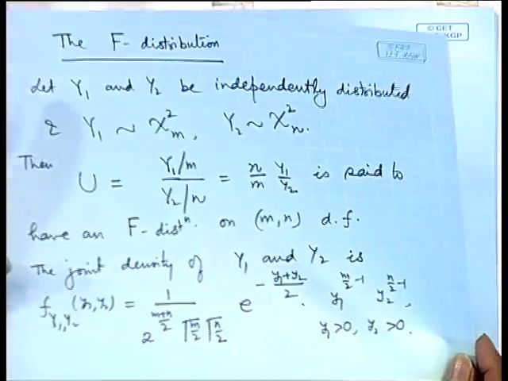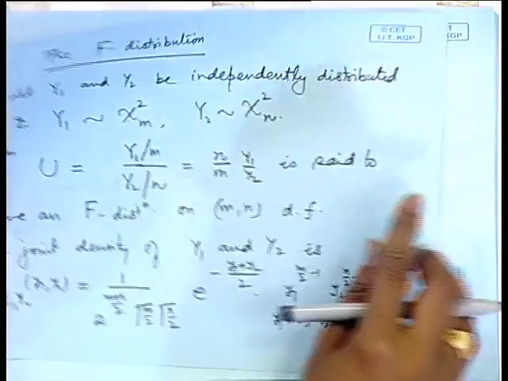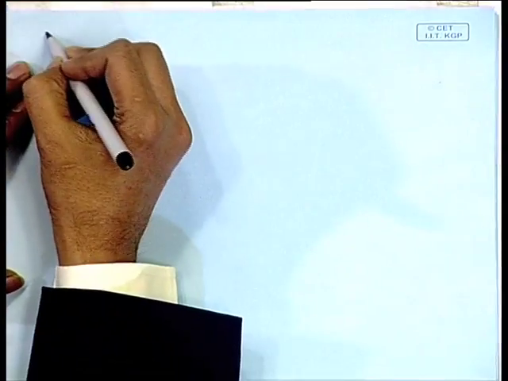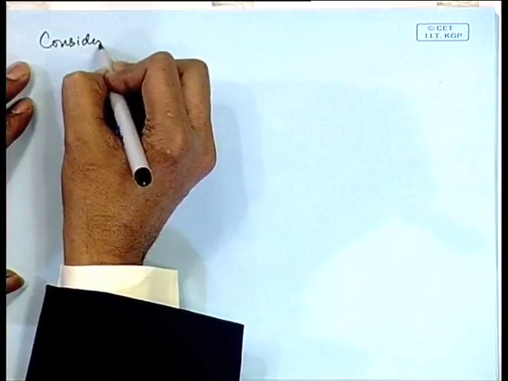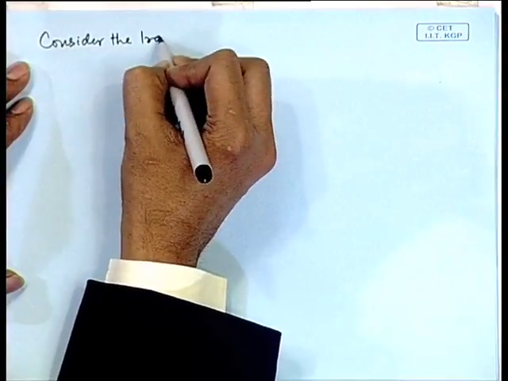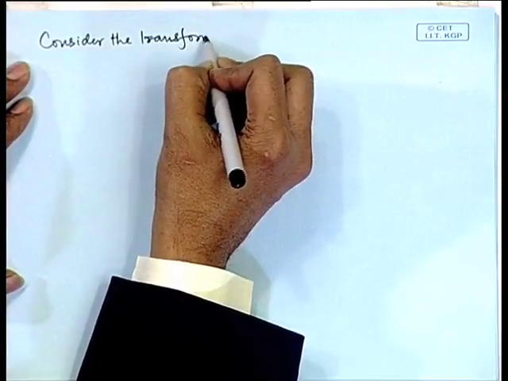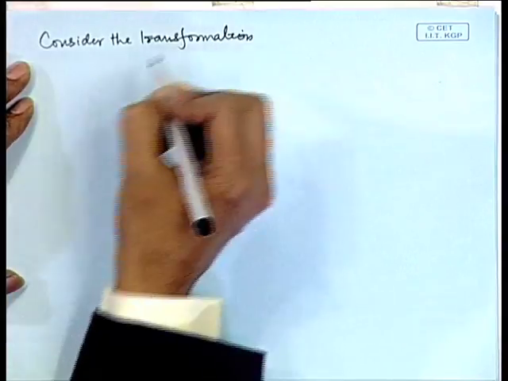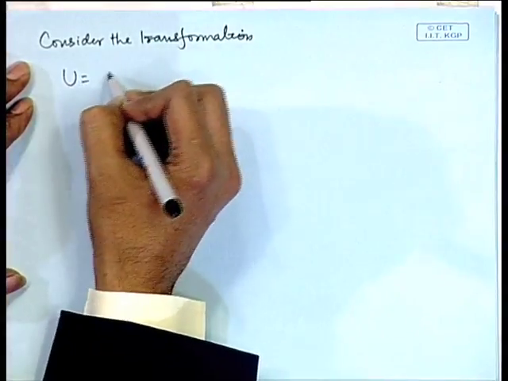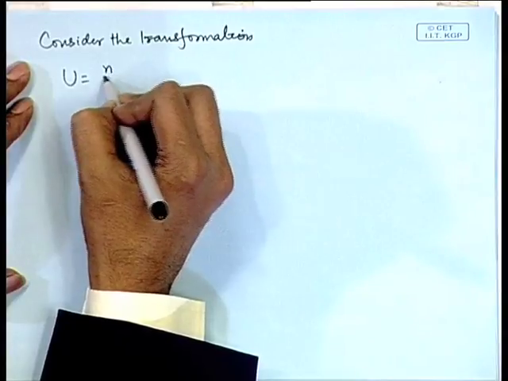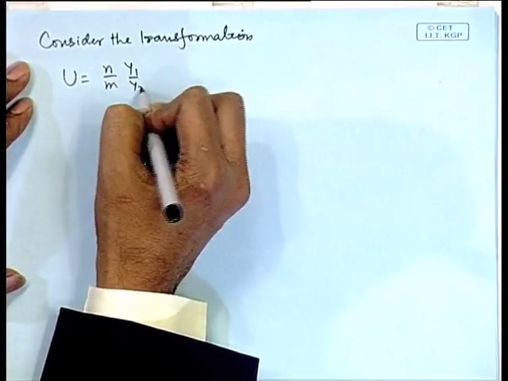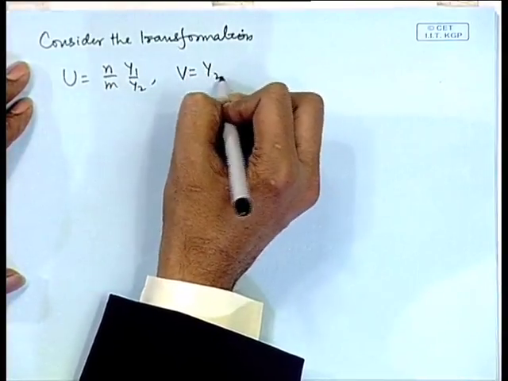So, we consider the transformation u is equal to n by m times y 1 by y 2 and v is equal to y 2.